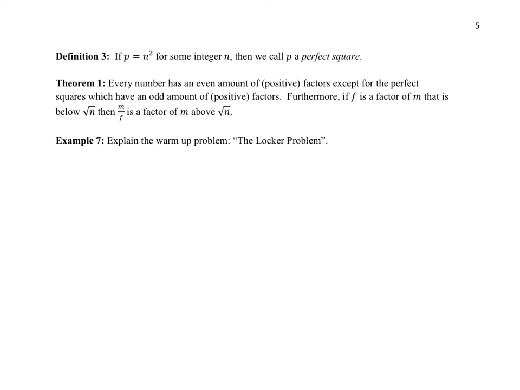So now that we've learned this, we can return to our locker problem. Let's start by writing down the first 17 lockers. And these lockers all start closed. So I'm going to change the state of all of them to begin with. I'll write a dot to change the state. Okay, now I'll change the state of every second locker.